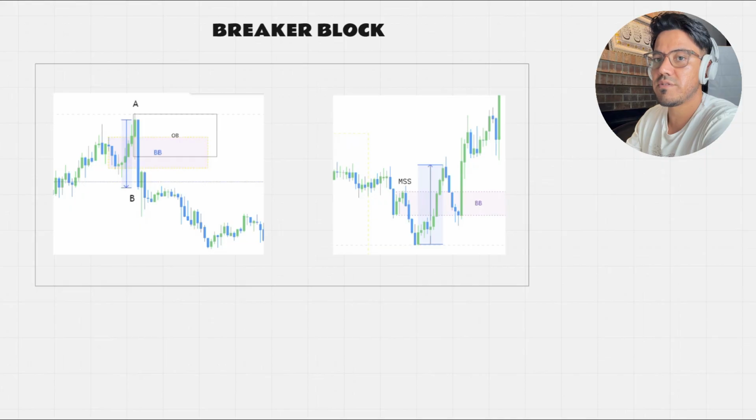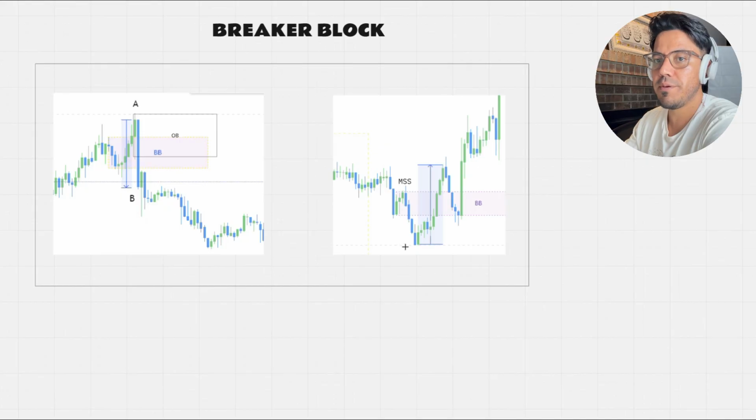The price is breaking through this key level, and as well as that, it is breaking the order block.